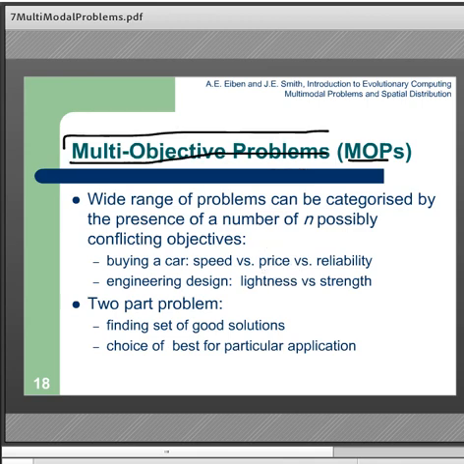We reached this page in the previous section, so we explained about a multimodal problem. What is a multimodal problem? Please answer me. No one?